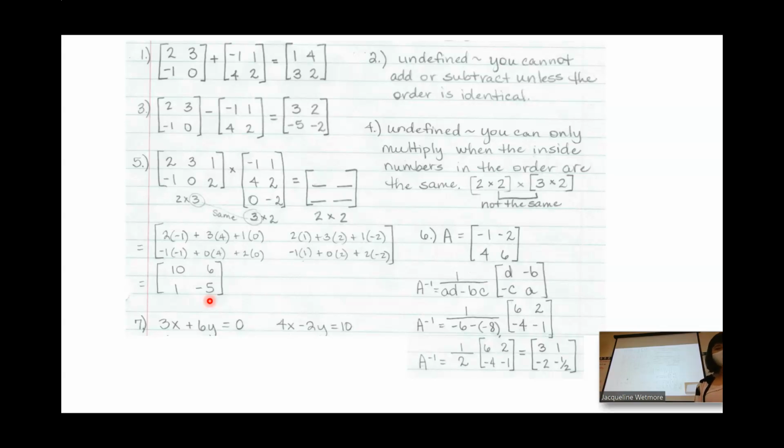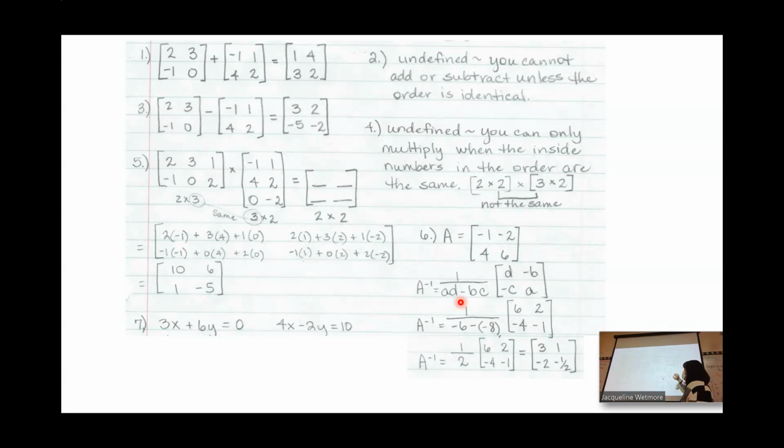So for number 6, they give us this matrix, and they ask us to find the inverse. All right, so we have a formula for finding the inverse. It's 1 over the determinant, and the determinant is just A times D minus B times C. So basically it's the main diagonal minus the alternate diagonal.